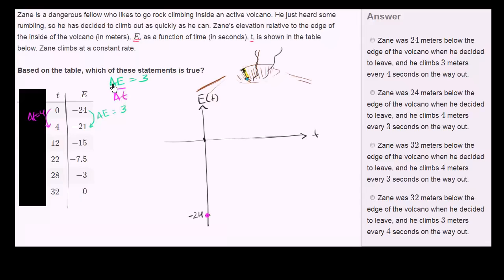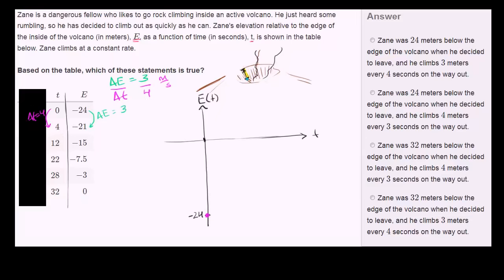Remember, this triangle is just the Greek letter delta, shorthand for change in. So change in elevation over change in time is 3 over 4. One way to think about this is that he goes 3/4 of a meter per second. The units up here are meters, the units down here are seconds.